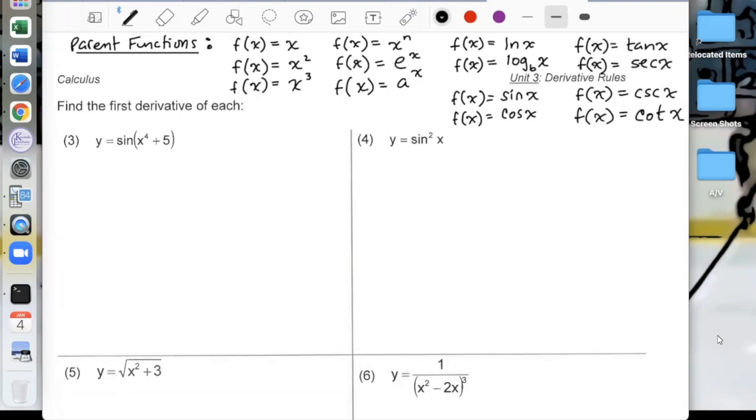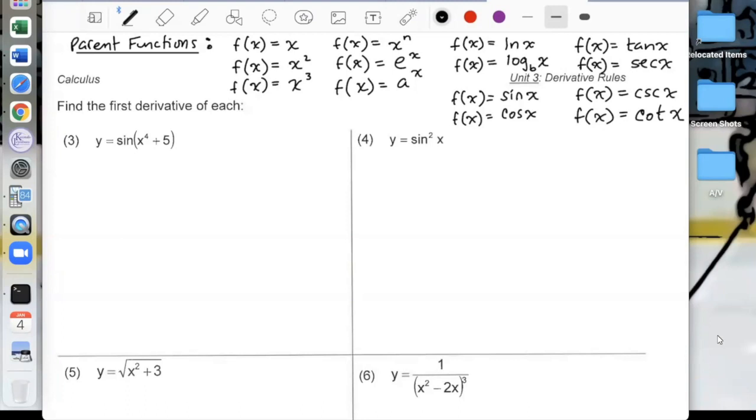Derivative of tangent is secant squared. Maybe you're not as familiar with the other ones, but derivative of secant is secant times tangent. Derivative of cosecant is negative cosecant cotangent. And then cotangent is negative cosecant squared.